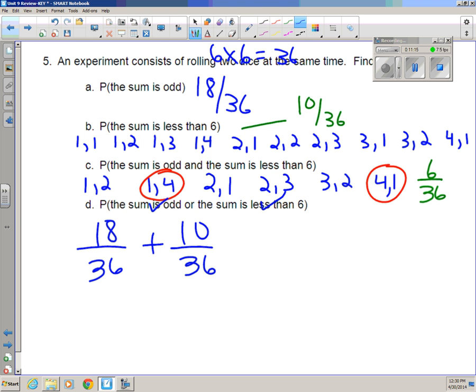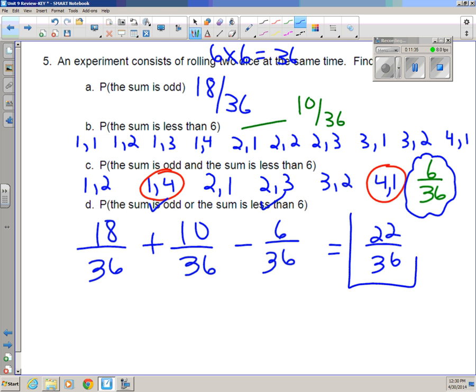But wait a second, 6 of them are both. I can't count the same throw twice. I have to subtract the overlap, the intersection. So what happens is I get 28 minus 6, which becomes 22 out of 36.